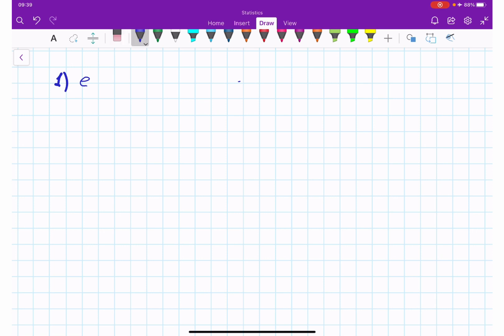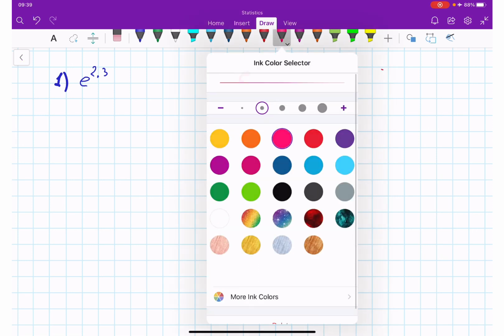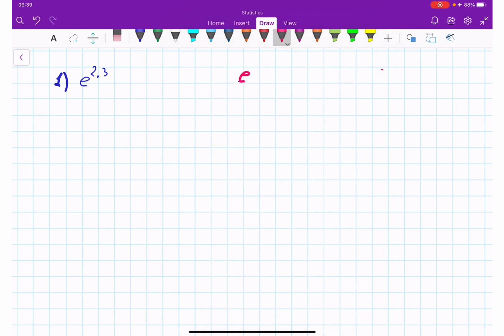On 2.3, and e is approximately equal to 2.718281828.